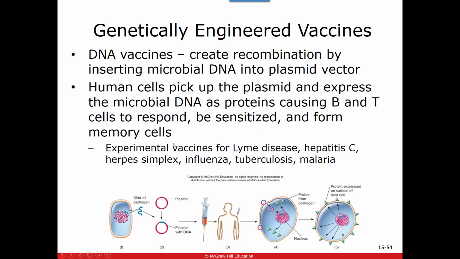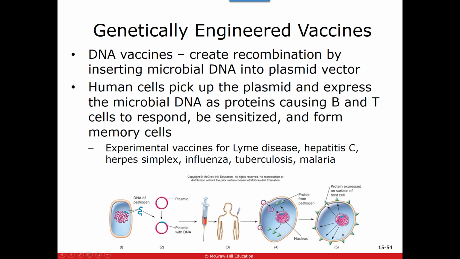So your cells can start churning out little green triangles, which is something that this particular organism would have had. And so your immune system would recognize that particular antigen. It would be able to mount an immune response. You would have memory cells. So if you ever encountered those little green triangles again, you'd be able to fight it off.